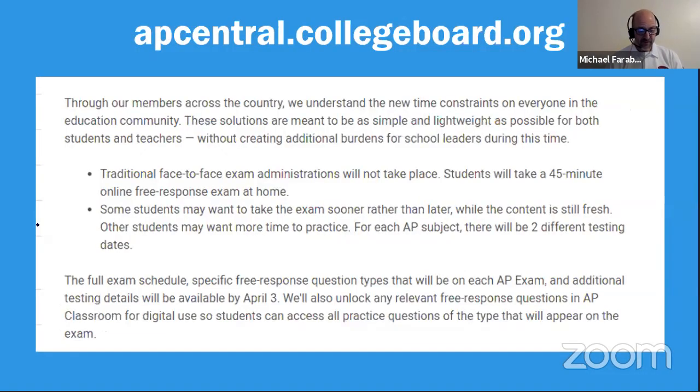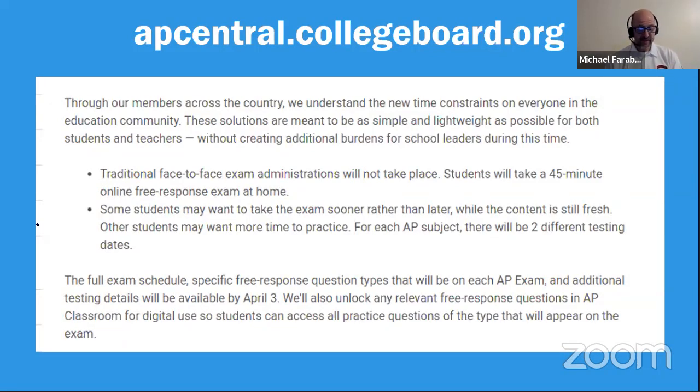Traditional face-to-face exam administrations will not take place. Students will take a 45-minute online free response exam at home. Now, some students may want to take the exam sooner rather than later, while the content is still fresh, and other students may want more time to practice. For each AP subject, there are 2 different testing dates.